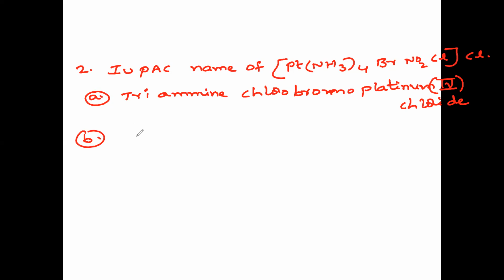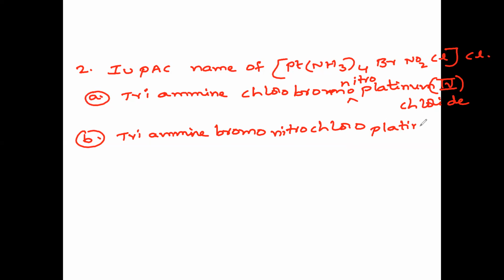Option B, I'll write it properly. Triamine bromo nitro chloro platinum(IV) chloride. Here nitro is also there. In the first option, chlorobromo after nitro. Here also nitro. We have not included nitro. Triamine bromo nitrochloro platinum(IV) chloride.